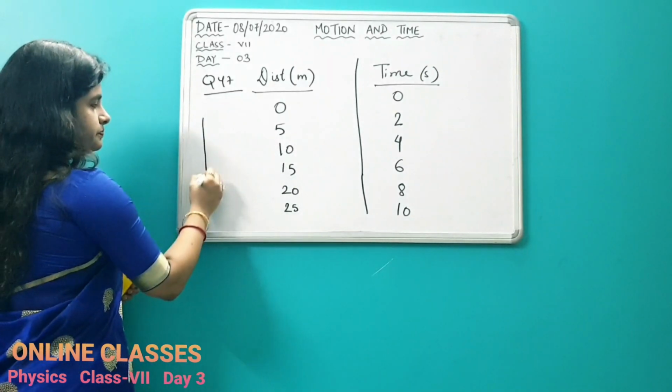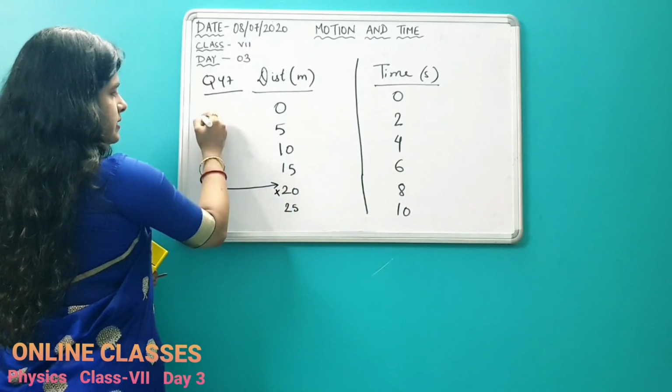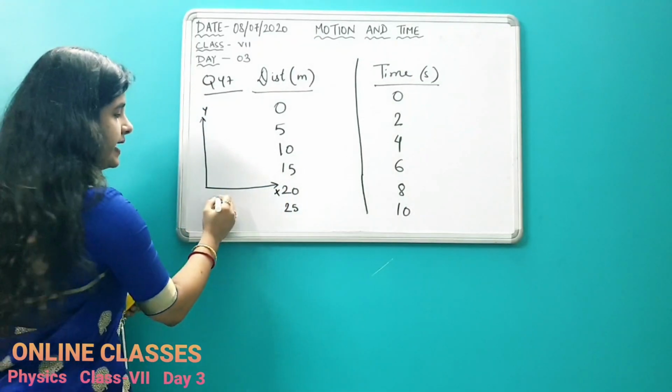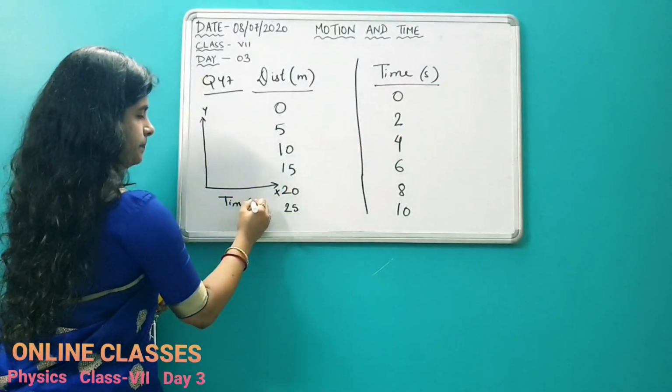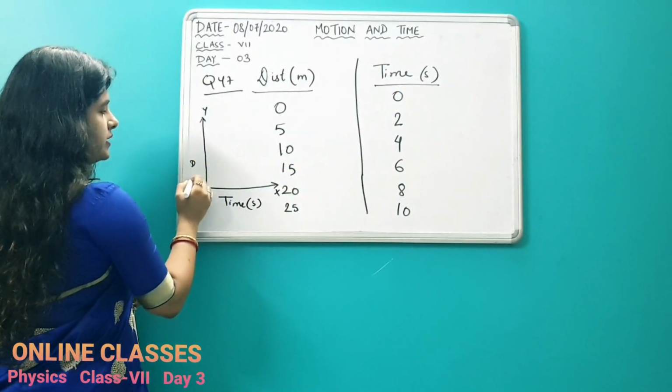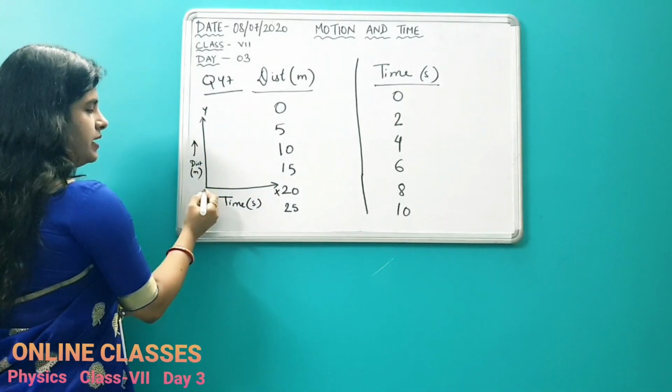So here, let me show you. This is the x-axis. This is the y-axis. On the x-axis you can show the time which is given in seconds, and on the y-axis you can show the distance which is given in meters.